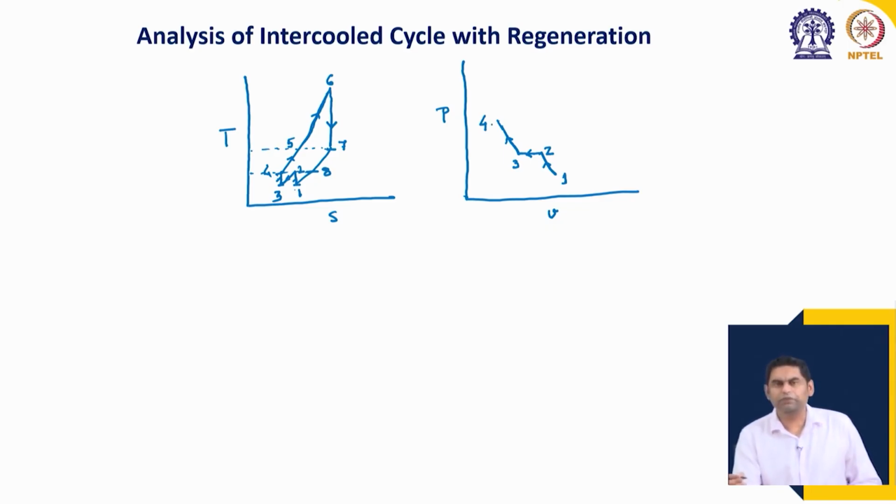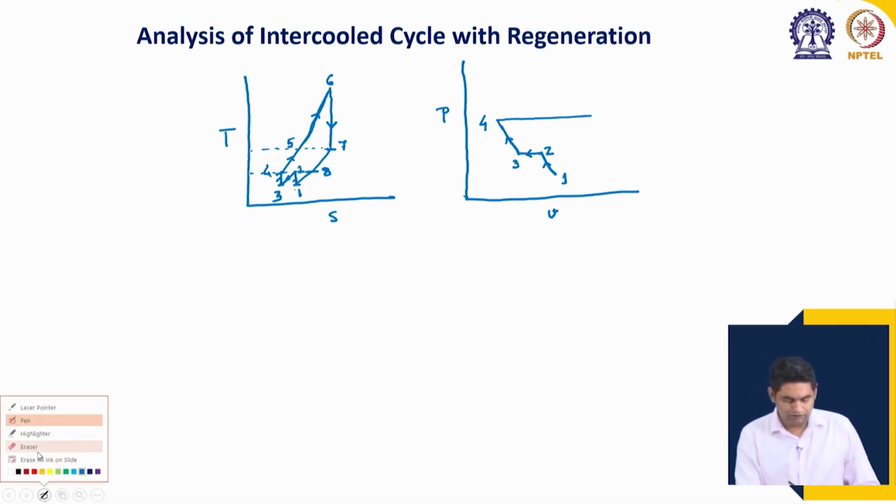Then we have constant pressure heat addition, pressure remains same, but because considerable amount of heat is added, the temperature increases and correspondingly the specific volume also increases.